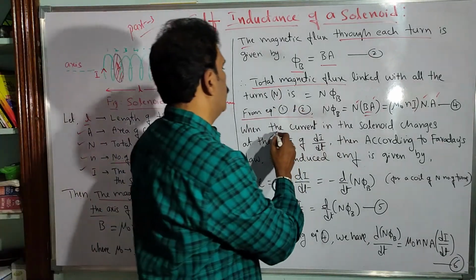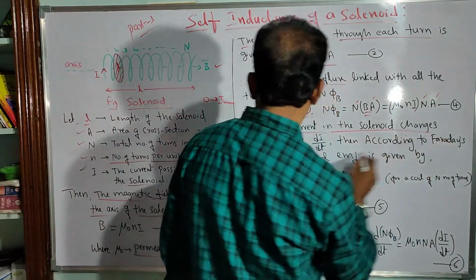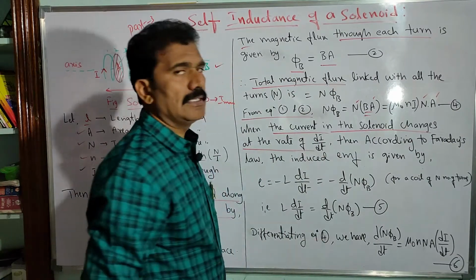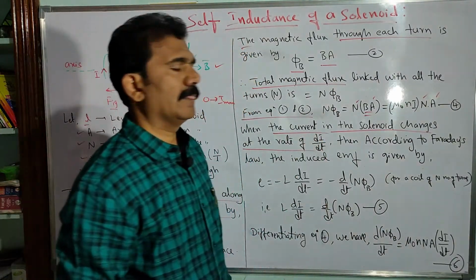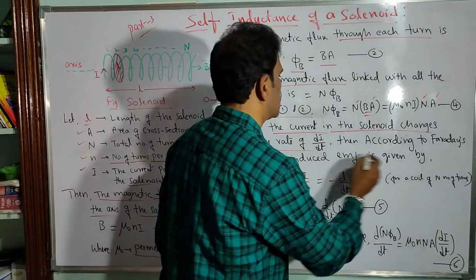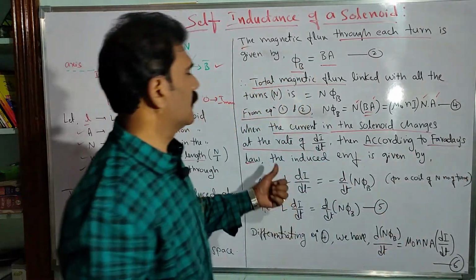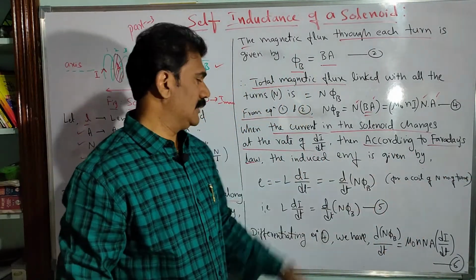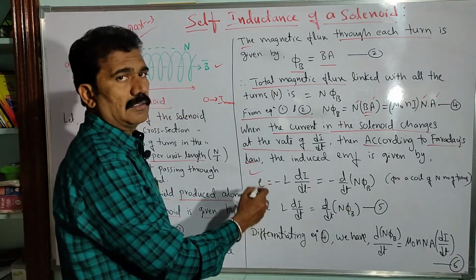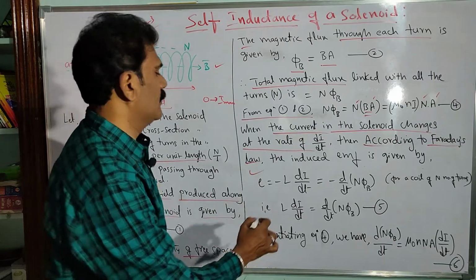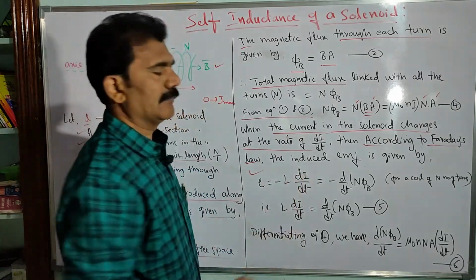When the current in the solenoid changes at the rate of di by dt, the rate of change of current is di by dt, then according to Faraday's law the induced EMF in the coil is given by e is equal to, where small e is the induced EMF, minus L into di by dt.